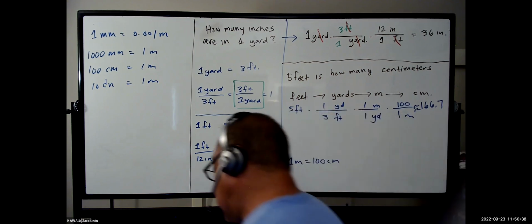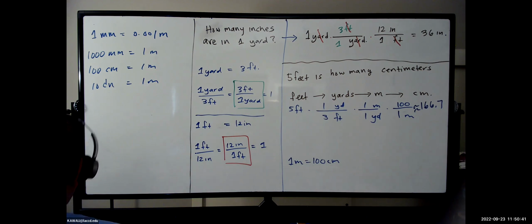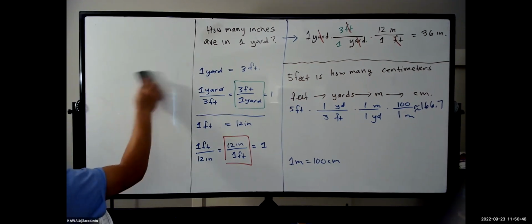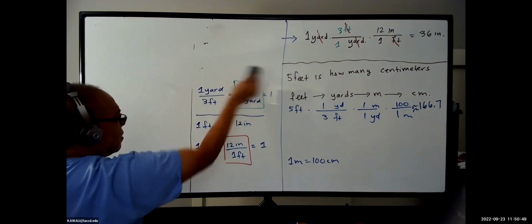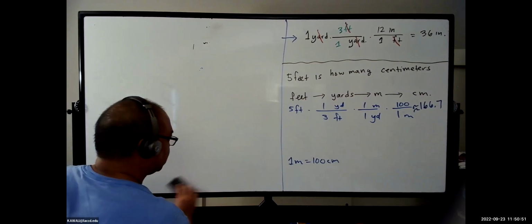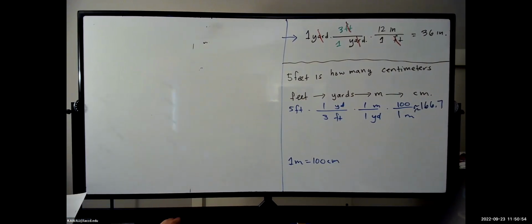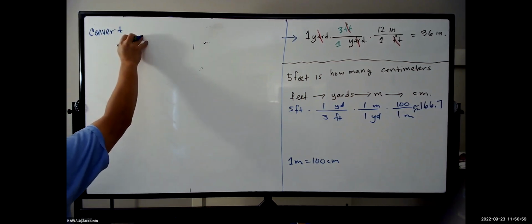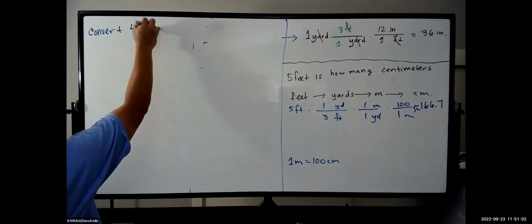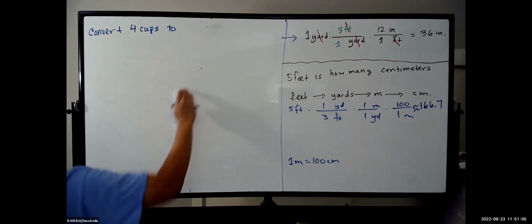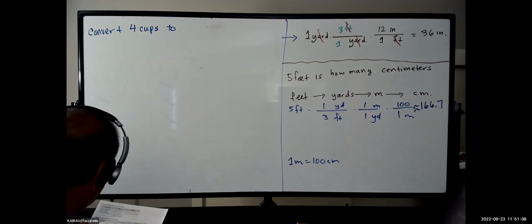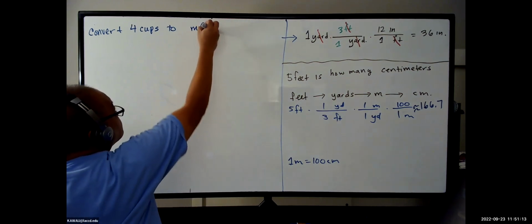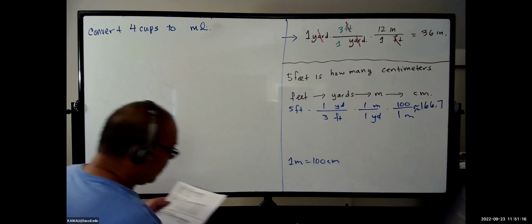So let's convert 4 cups to milliliters. It should be a lot of milliliters.